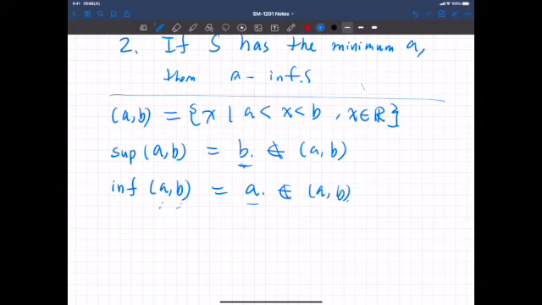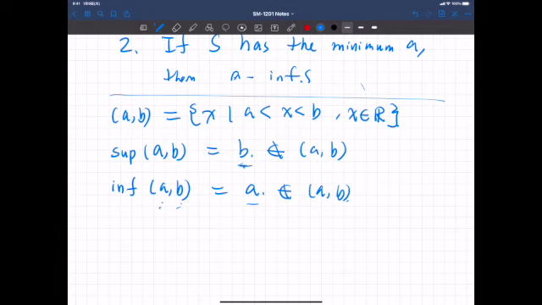So as you can see, supremum is somewhat similar to the maximum of a set, and infimum is somewhat similar to the minimum of a set, but they are not exactly the same. But we could say that supremum and infimum are generalizations of maximum and minimum, respectively.